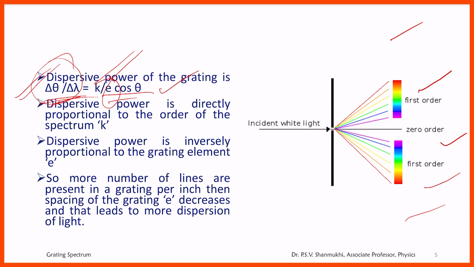So more separation you can find here, and automatically we can deviate all the wavelengths very clearly, a very clear picture we get. That's why we go for the first order, and we take more lines on the grating. This is the required feature for us, the dispersive power.